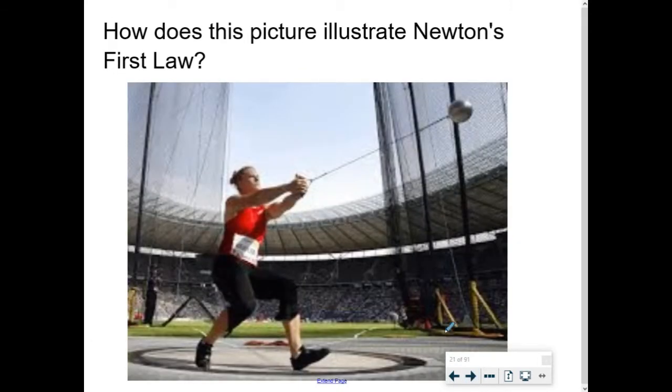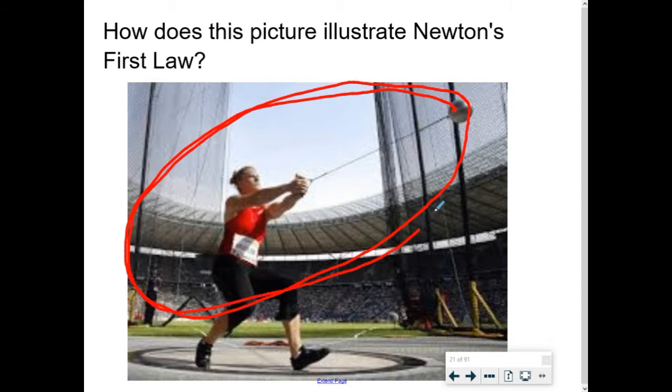Here's another interesting one. This is called hammer throw. If you haven't seen this before, this is the sport where you take a big chain with a ball on the end of it, and you spin it around in a circle. I wanted to mention this now because we're going to spend a whole unit discussing something called circular motion. But this actually also involves Newton's law. There is actually a force in play right here. There's actually two. There is the force of tension on this chain right here.